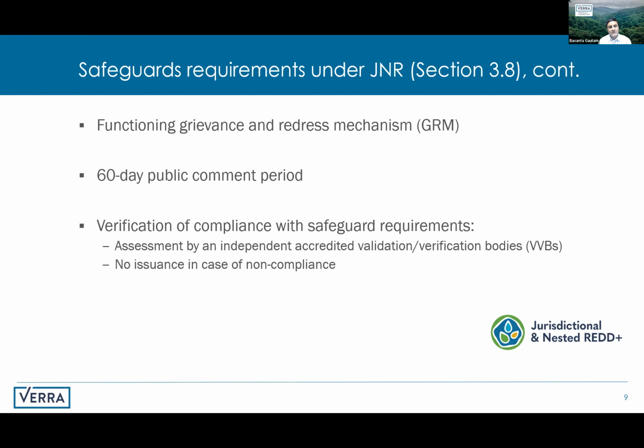And then another important thing about safeguards in JNR is the VVBs, the validation and verification bodies. So this is also very important. They are independent and accredited, of course, accredited by Verra. What they do is validate the project in the beginning. Only after validation can they register the project in our registry. But then we also do verification once the project has completed and once they want to get credits, or in our case VCUs.